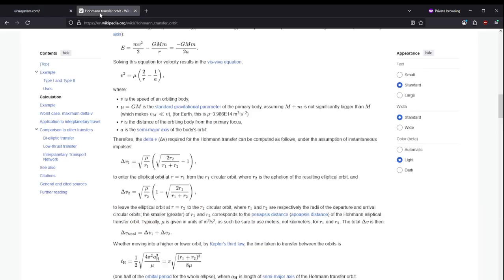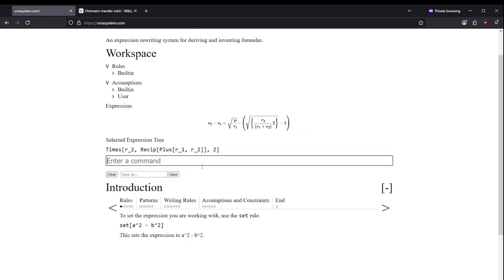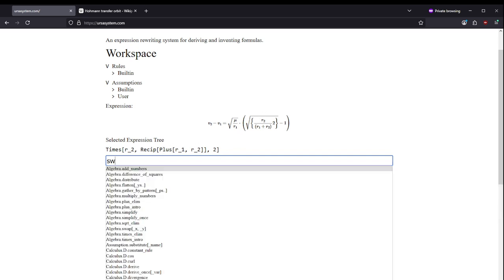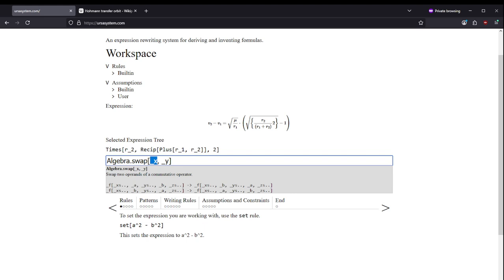And it would be nice to match the form of the equation to what's here on the Wikipedia page. So we can reorder terms. We can use the swap rule, and the swap rule actually takes these 2 optional arguments that tell you which terms to swap.